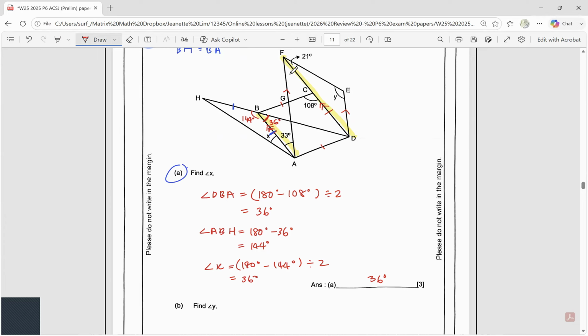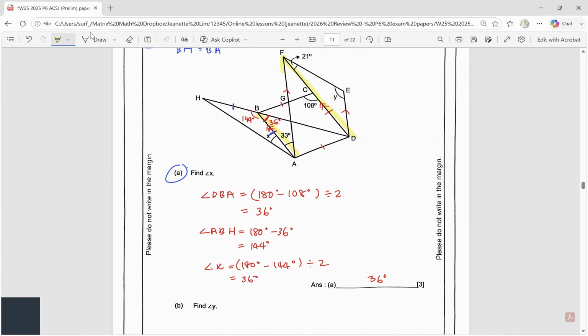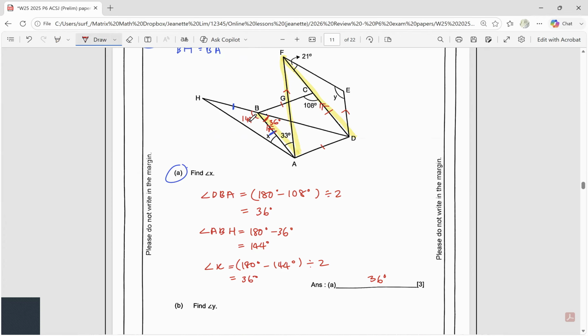Okay, so this angle over here is actually, you see a Z, alternate angles. So this angle here is actually 33. Okay, so AFE would be 33 plus 21.